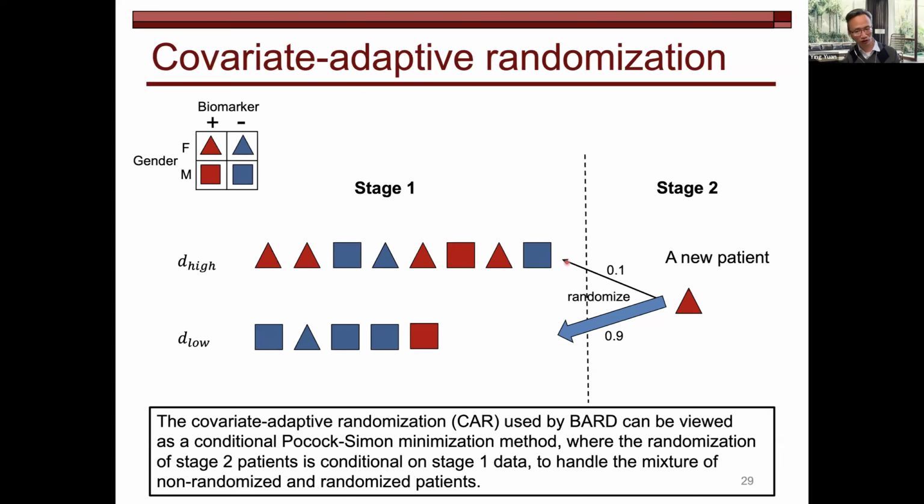Because before you do covariate randomization, you already have some data, and you condition on those data, trying to minimize imbalance between those arms. And again, the goal is slightly different. Here we use that mechanism to eliminate the potential imbalance from stage 1, such that at the end, hopefully we will get something very similar to pure randomization.